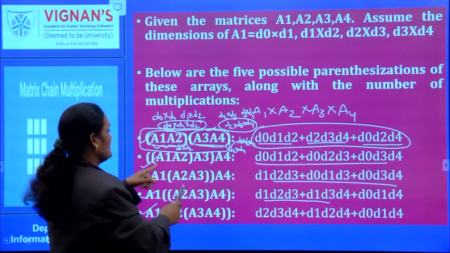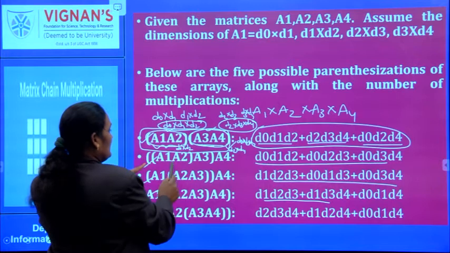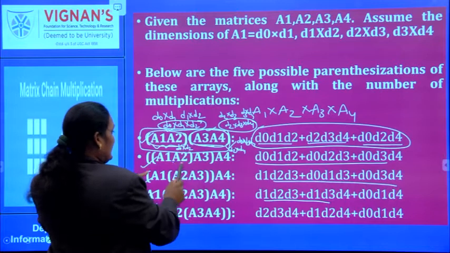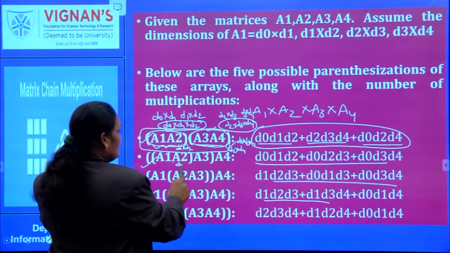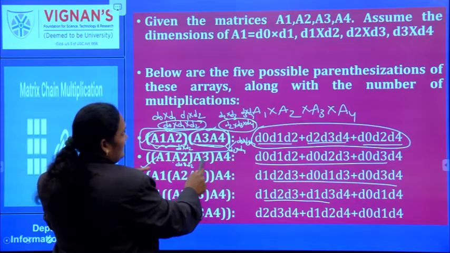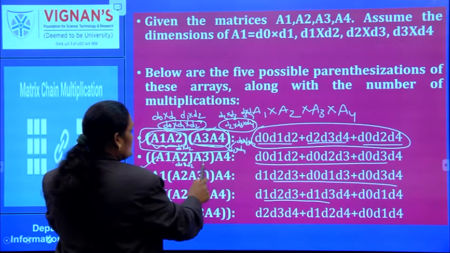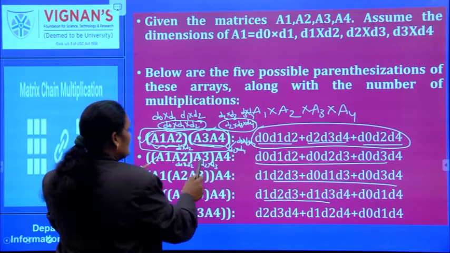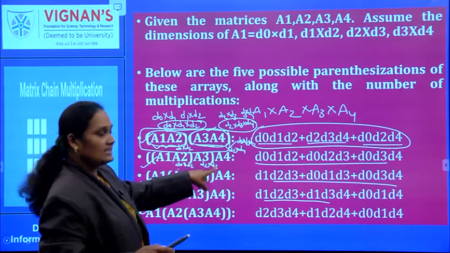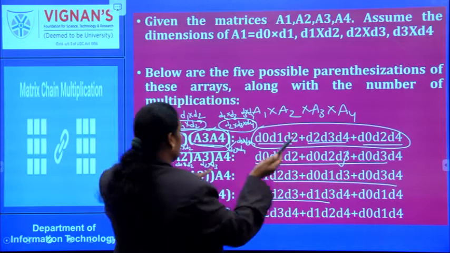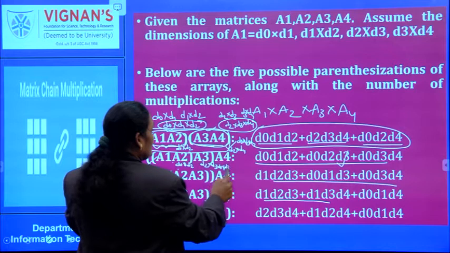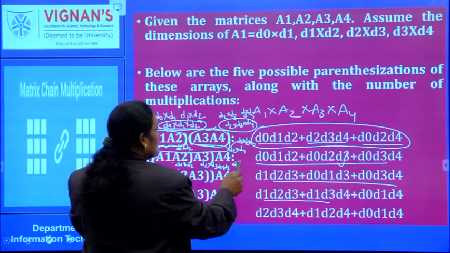Here you can observe A1 into A2, which can be completed with D0 into D1 into D2 multiplications, and the resultant matrix is D0 by D2. Here the A3 matrix has dimensions D2 by D3. So the multiplication of these two can be completed with D0 into D2 into D3 multiplications, and the final resultant matrix is D0 by D3, and A4 size is D3 by D4.